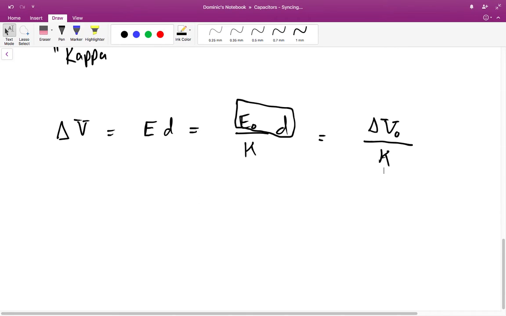All right, and then we can also relate kappa to the new capacitance.